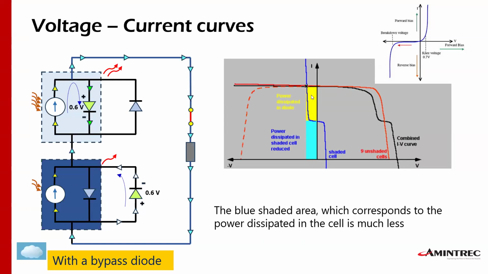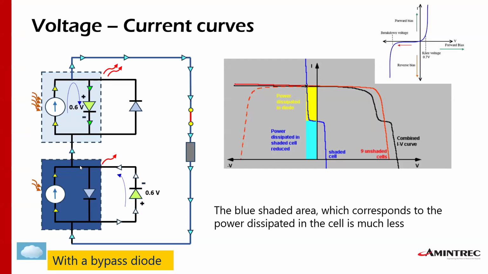Okay. Now, if I add them together, this will be my final curve. You will see that it's not the same, but at least it's very close to the original one, that is, when you don't have the shadow effect on one of the cells.